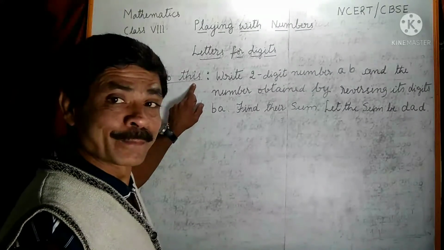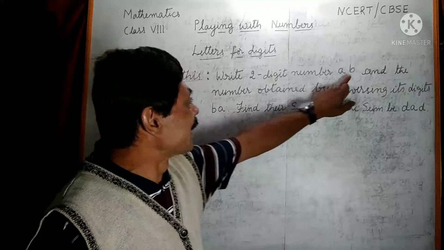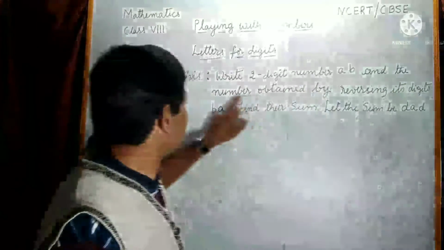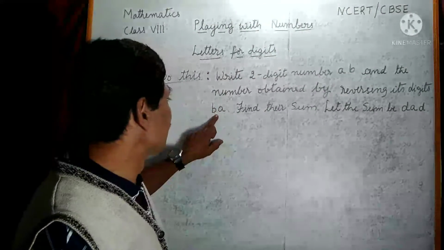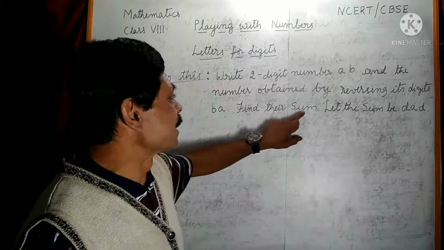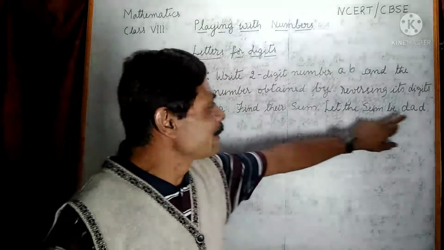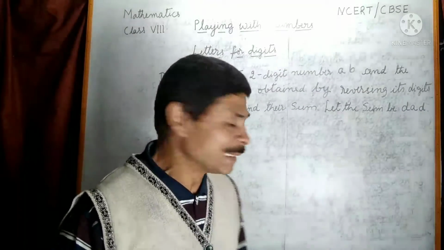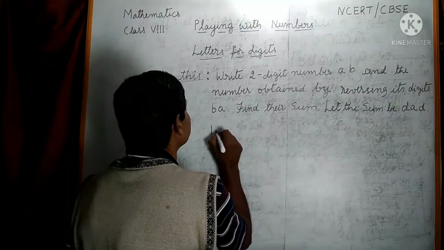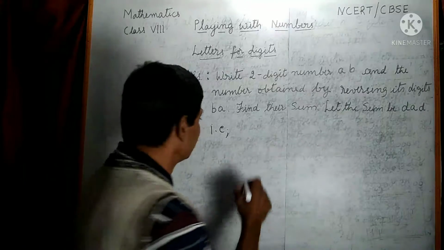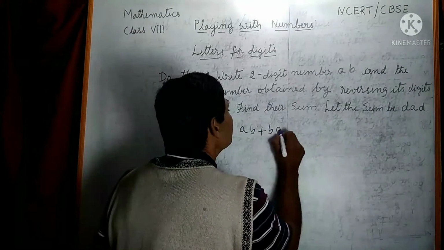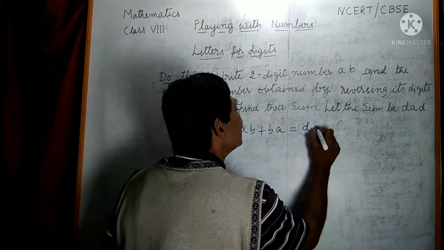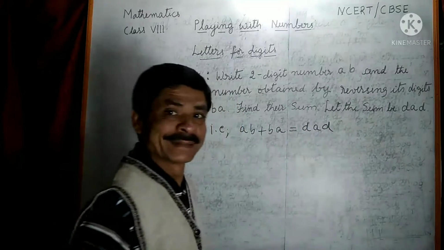Do this. Write a two-digit number AB and the number obtained by reversing its digits is BA. Find their sum. Let the sum be DAD. That is, AB plus BA is equal to DAD.